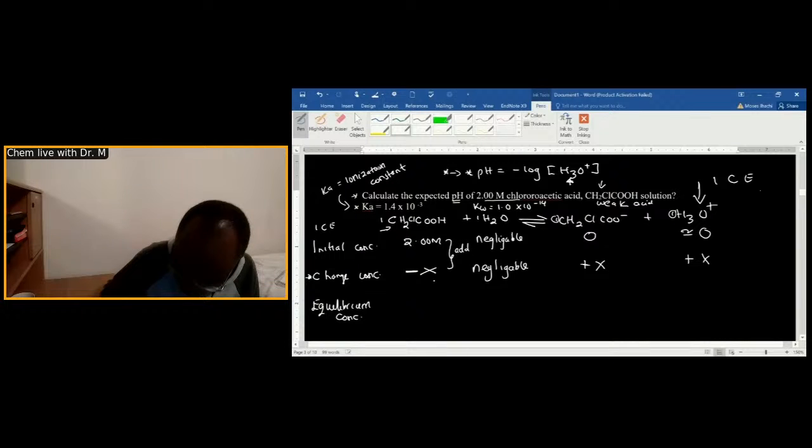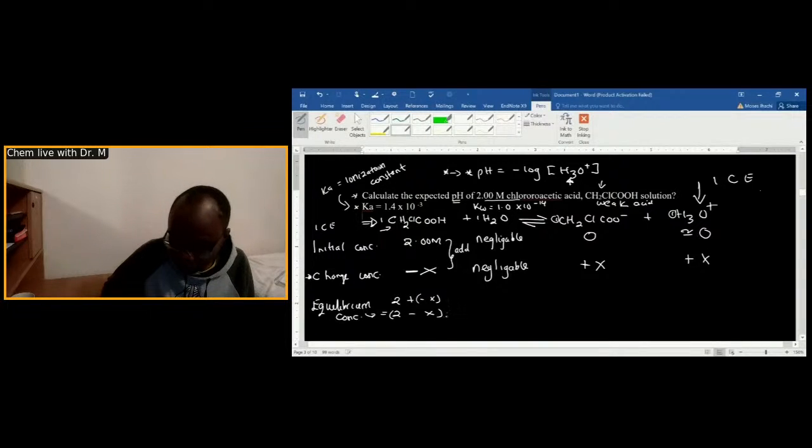So if you add these two, it's going to be 2 plus minus X. That translates to 2 minus X. That's the concentration of the acid at equilibrium. Again, water does not change in concentration, so it is negligible at equilibrium.